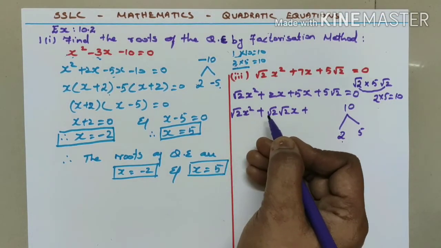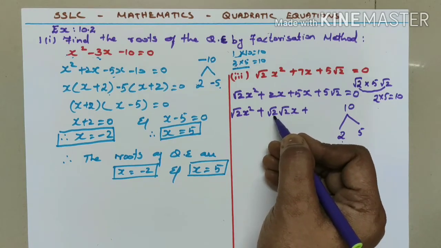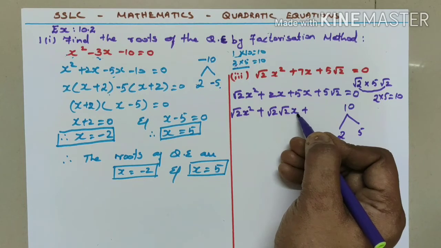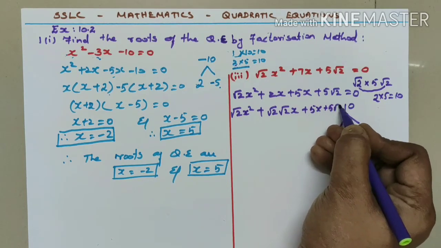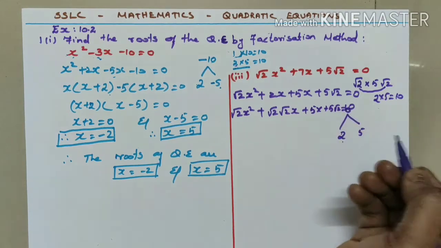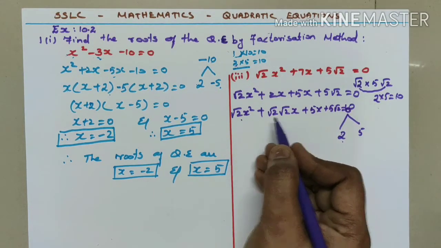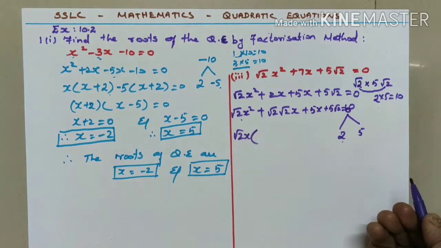Root 2x square plus, instead of this 2, write root 2 into root 2, because root 2 into root 2 is nothing but 2. So root 2 into root 2 x plus 5x plus 5 root 2 is equal to 0. Next step, see here, the first 2 terms, which is common? Root 2x is common. So take it outside.